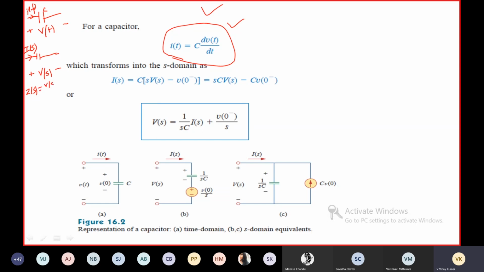So the ratio of V of s to I of s is the impedance, which is I of s into 1 by Cs, divided by I of s. So the impedance is 1 by Cs.